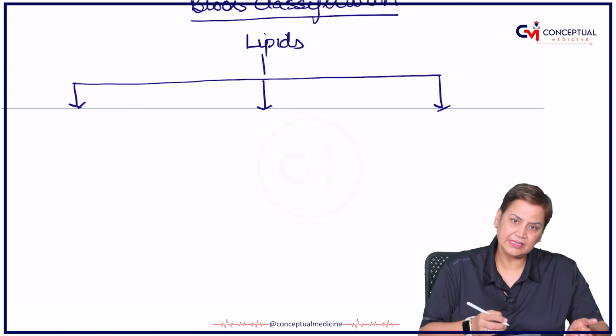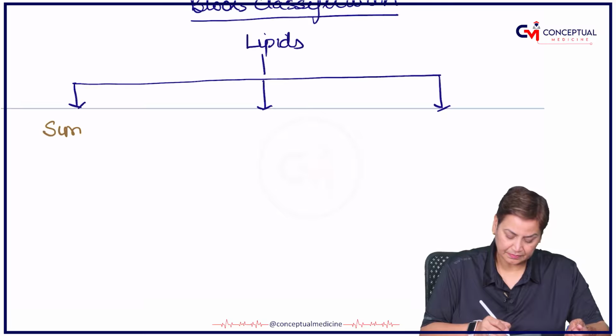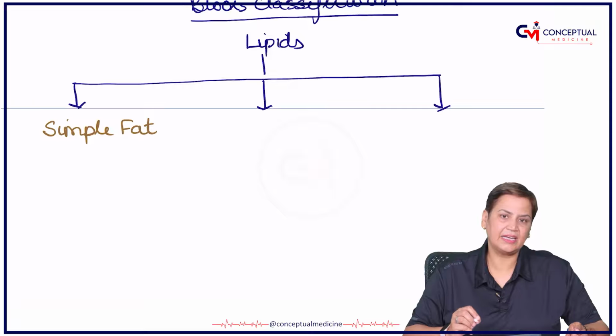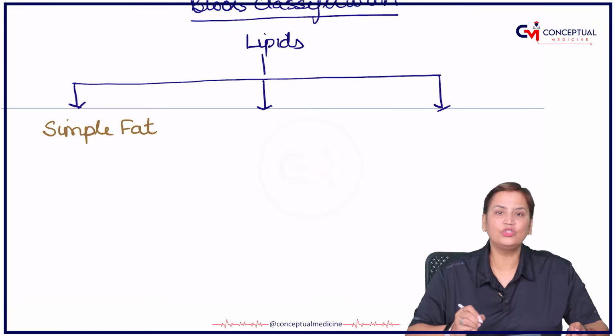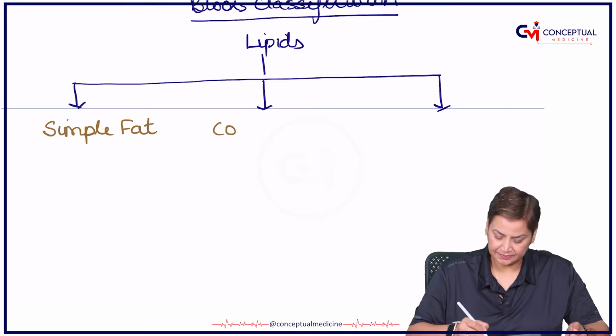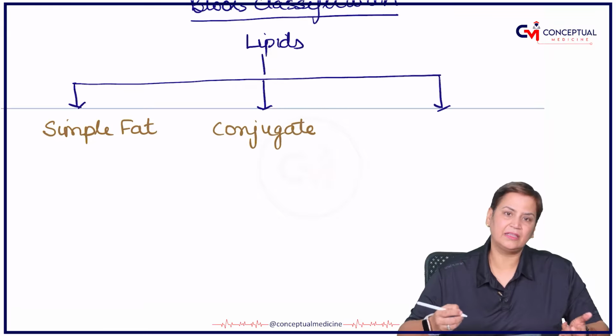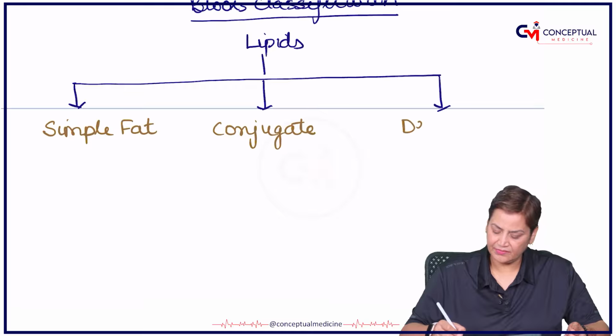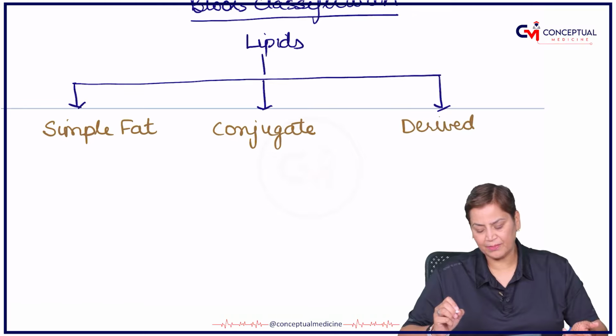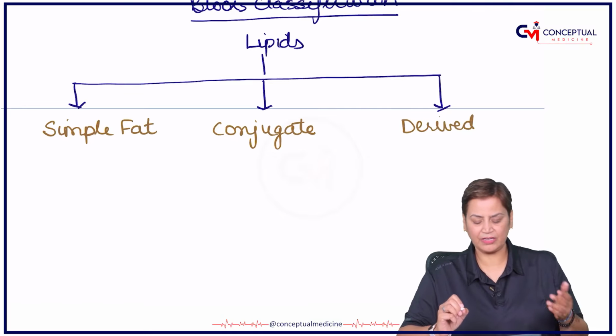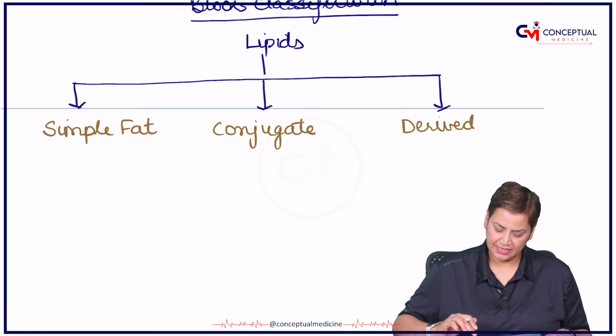One, simple fat. Second, conjugate fats. And third, derived. So simple lipids, conjugate lipids or derived lipids.